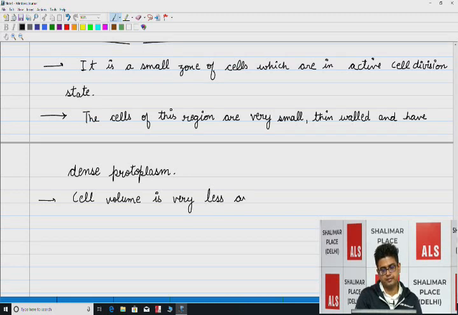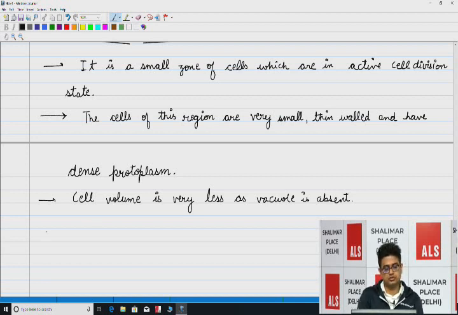As vacuole is absent, there is no cell vacuole. Cell vacuole is the largest cell organelle of the plant cells, right? So it is absent, and cell volume becomes very, very small. The cell wall is also composed of primary cell wall only. Primary cell wall I'll explain later when I teach you the cell chapter.